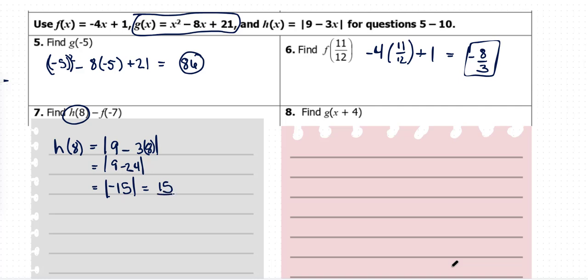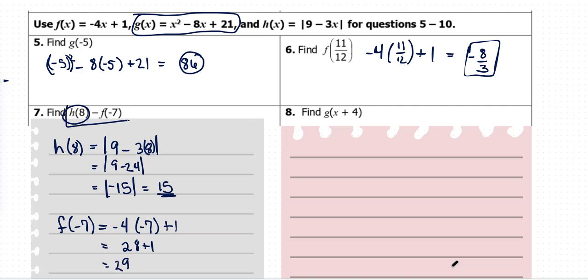So that's step 1. I got to one of my numbers. Now I've got to do the next one. F of negative 7. So in my f function, I'm going to replace the x with a negative 7. So 28 plus 1. And again, you could do that all in your calculator. Comes up with 29. But we're not done yet.